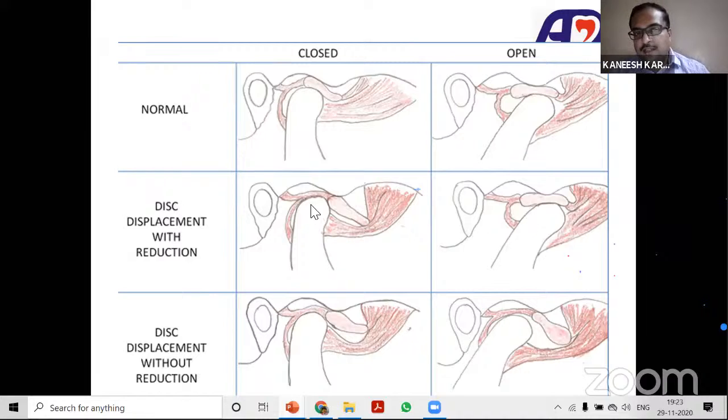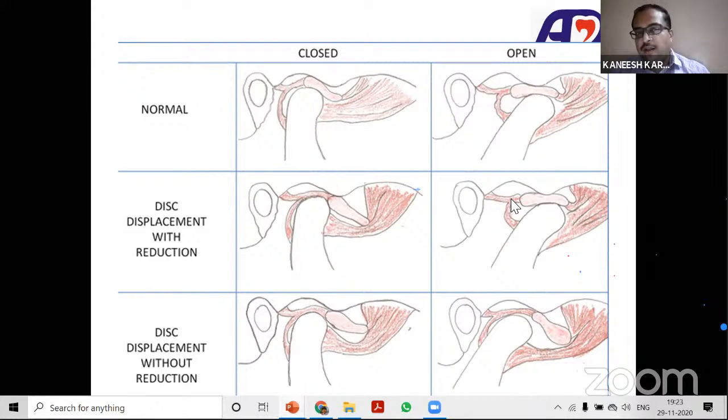When the condyle is opening, the condyle can pass through the displaced articular disc, trying to return to its normal position. This is displaced, but while opening, it comes back to the normal position.